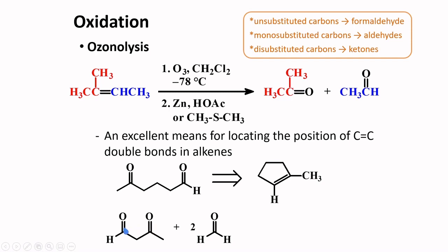And so if you think backwards again, this is likely the starting material before ozonolysis. If you cleave this bond, you will produce this part. If you cleave this bond, you will produce this part, and also two formaldehyde molecules.